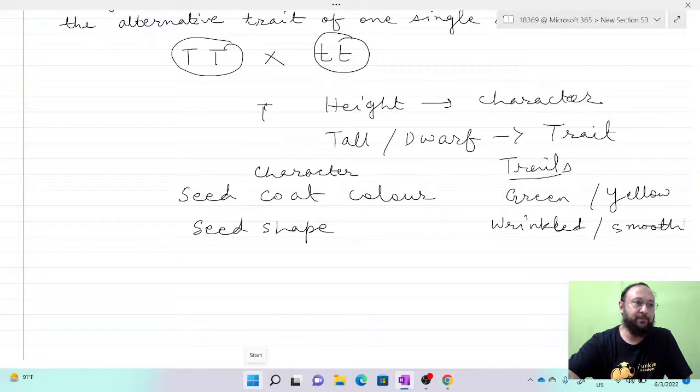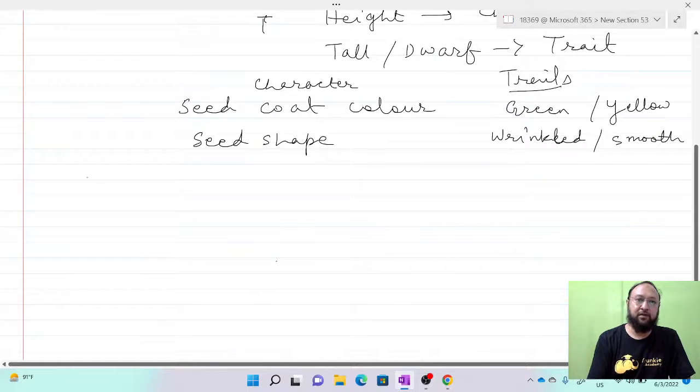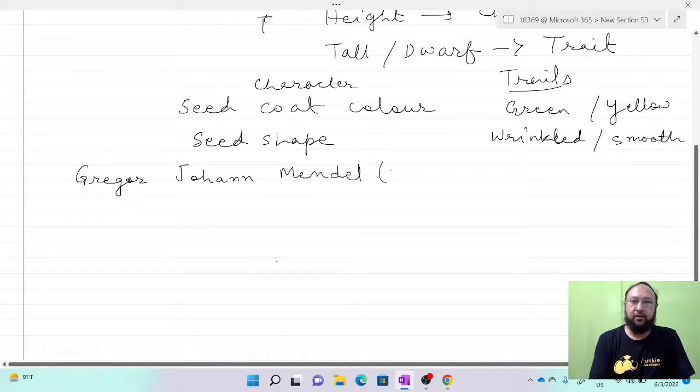The name of the scientist was Gregor Johann Mendel, the first scientist or researcher to work on the mode of transmission of characters from parents to offspring. He lived from 1822 to 1884.